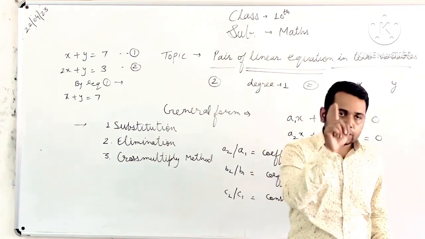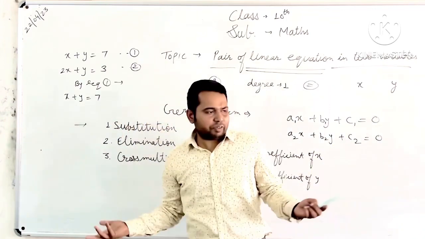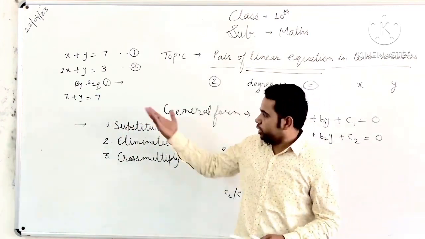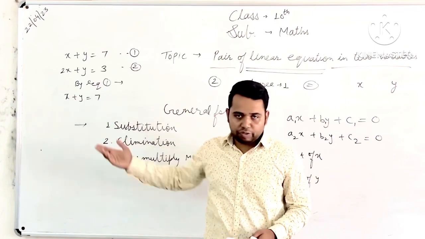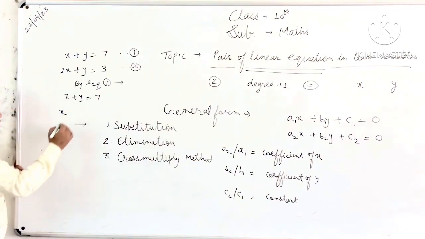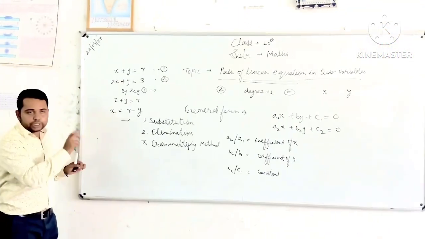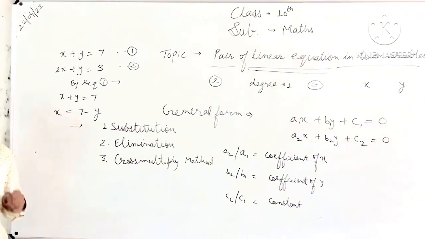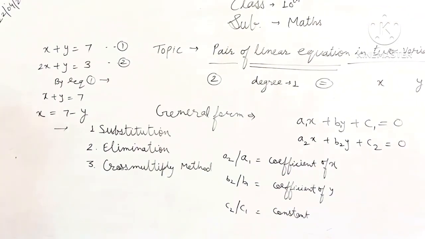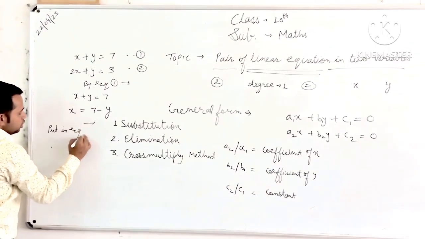Here both have no coefficient, so for example, I am finding x. So x equals 7 minus y. And this value will be put into equation number 2. This is called substitution. Take any value and put it in the next equation.